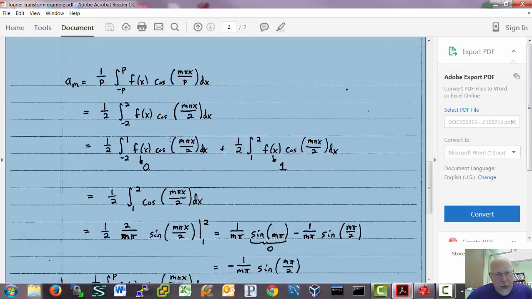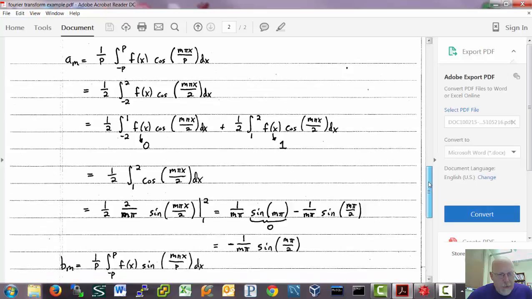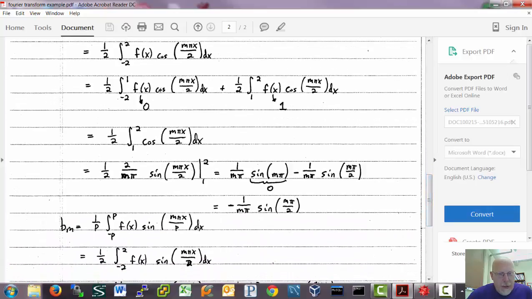Because this is a piecewise defined function, we're going to have f as 0 on the interval from -2 to 1, and 1 on the interval from 1 to 2. So we split that integral into two pieces. And on the first piece, it's 0 for this function. So we're only going to integrate from 1 to 2, 1 times cosine of m pi x over 2.